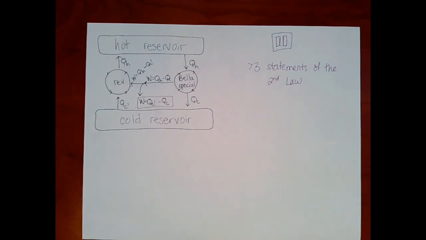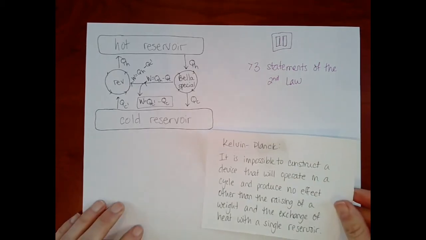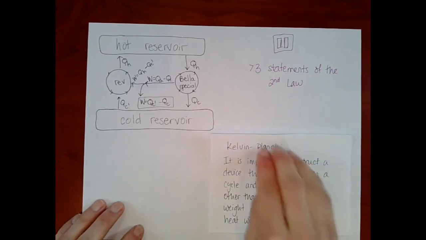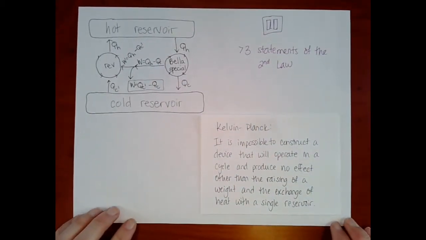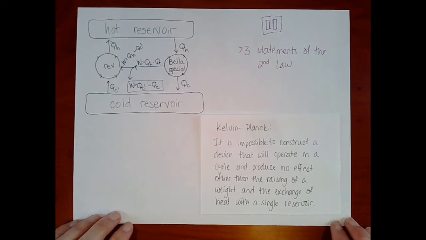Okay. One of the laws that you may have encountered when you just did that exercise is called the Kelvin-Planck statement of the second law of thermodynamics. The Kelvin-Planck statement says that it's impossible to construct a device that will operate in a cycle and produce no effect other than the raising of a weight in the exchange of heat with a single reservoir.